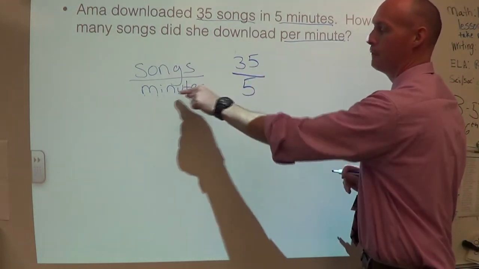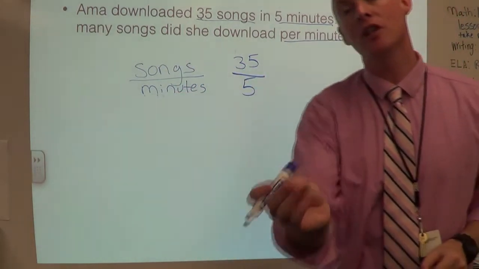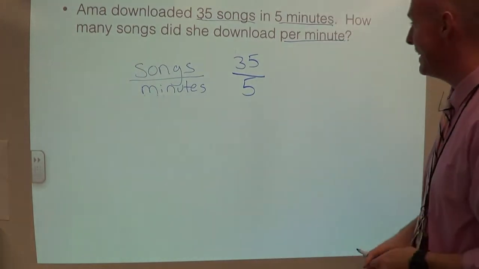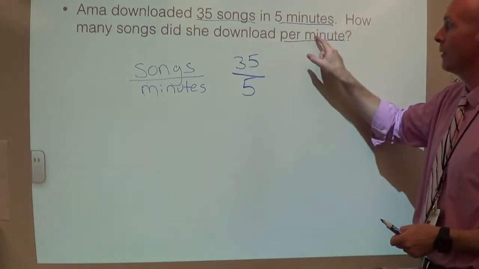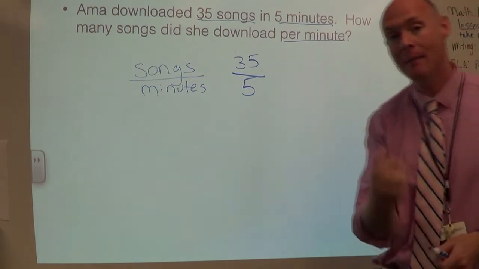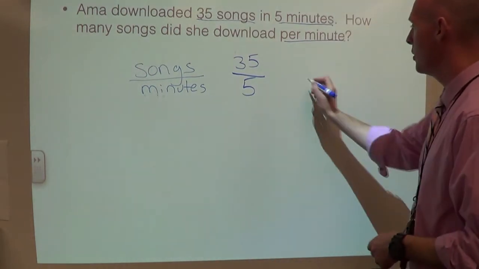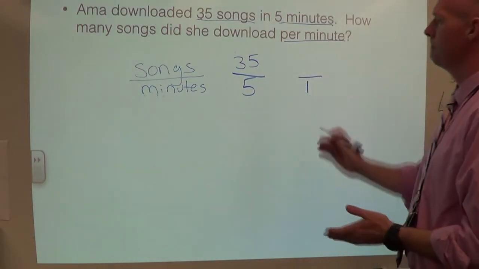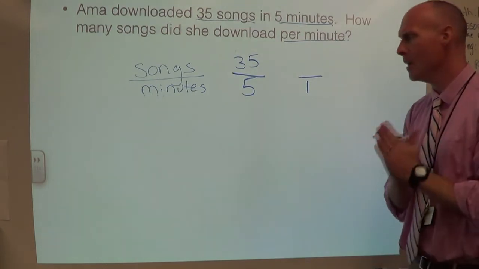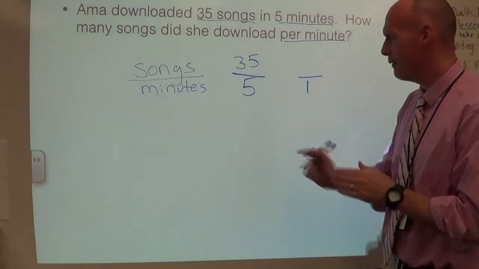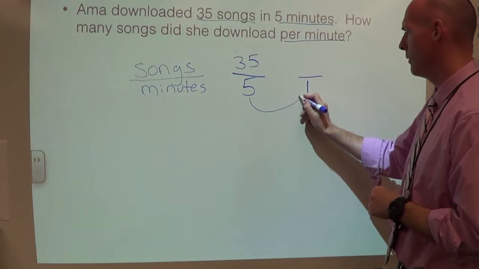35 songs, 5 minutes. Now, this is another unit rate question because it says how many songs did she download per minute. That means in 1 minute. So I'm going to do over 1. Now I look again. And I say, how do I get 5 to 1?